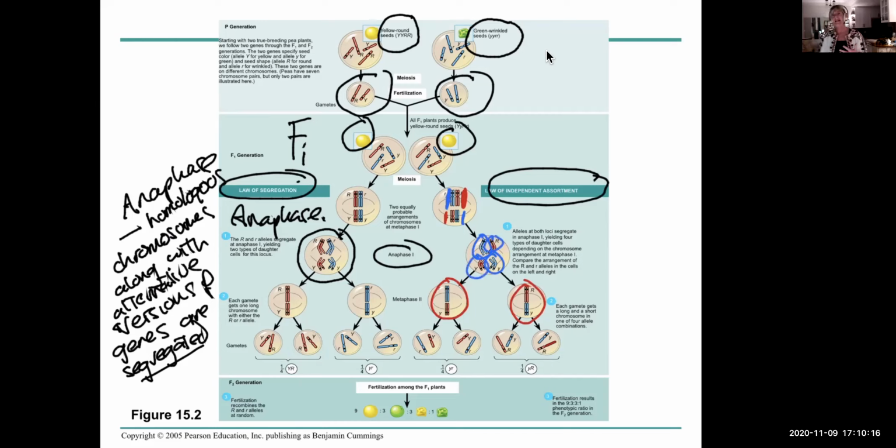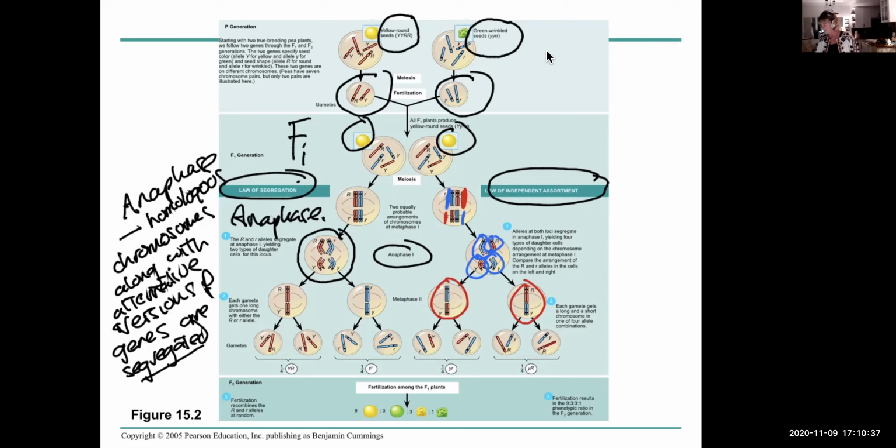So that gives a bit more variety. When they separate, we have quite a specific combination, but there are variants of that combination.